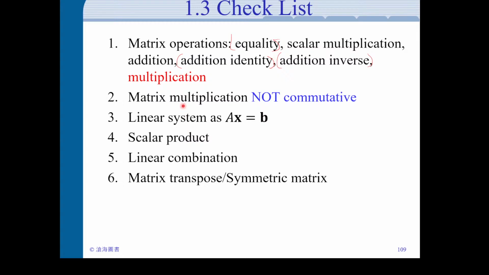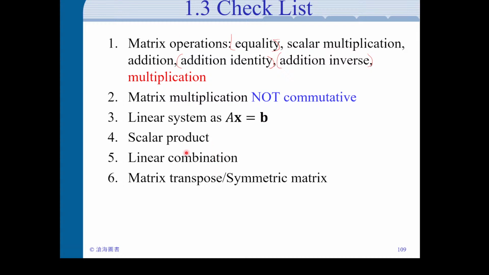Then we talked about using matrix multiplication to describe a linear system. Once again, we can describe a linear system as Ax equal to b, where A is a matrix, x is a column vector of unknowns, and b is a column vector of the right-hand side of the equations.